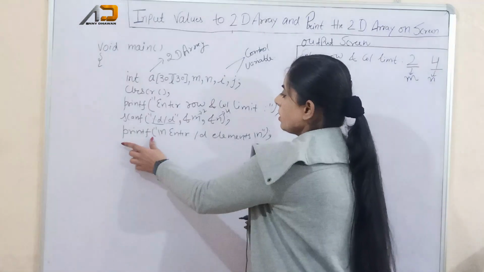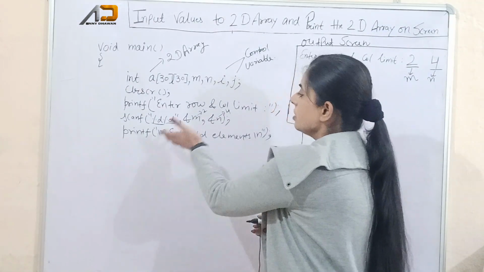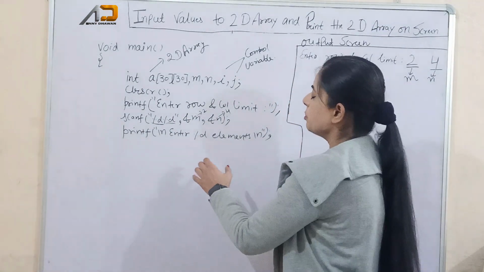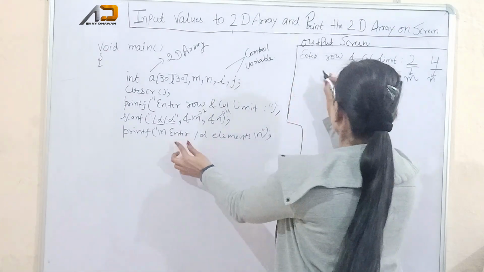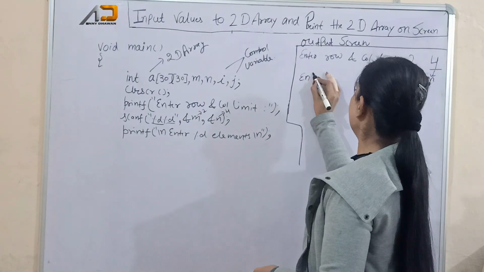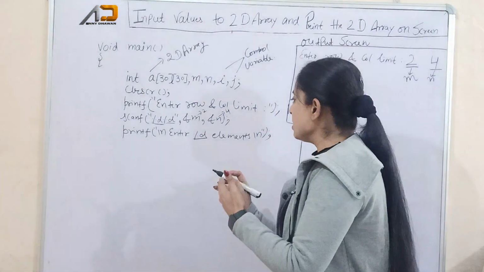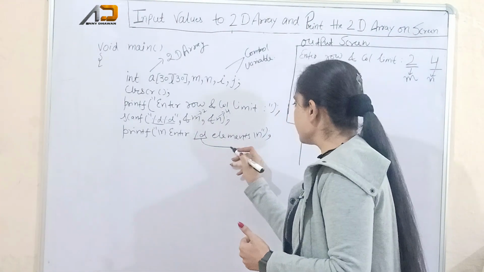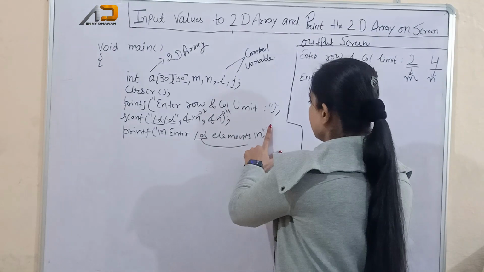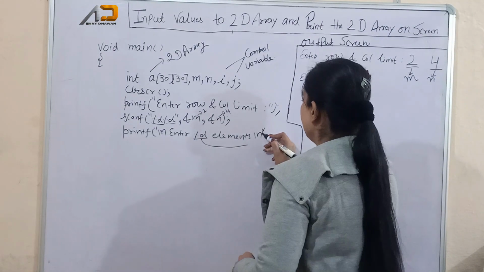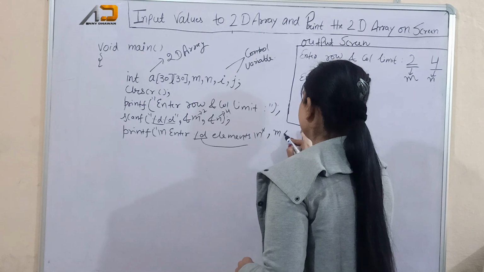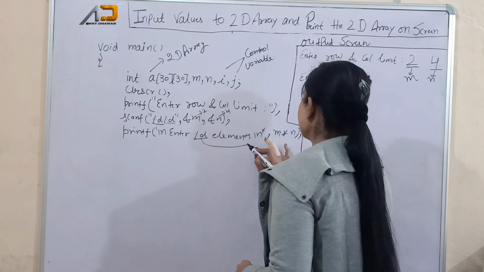And what will this printf function do on the output screen? It prints enter, then an integer number. What is the value of that integer number? That is m cross n. And what is m cross n here?